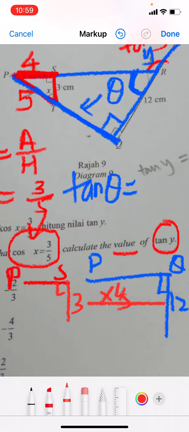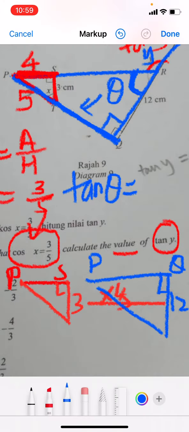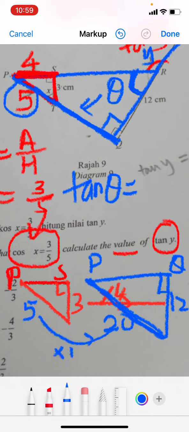That means for every length, you have to times 4, right? Since we have 5 here for the red one, we will times 4 with 5 to get 20.